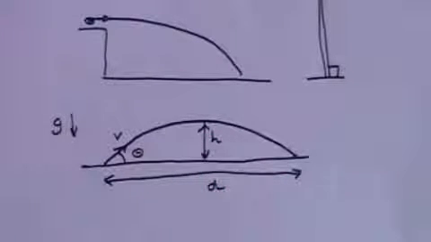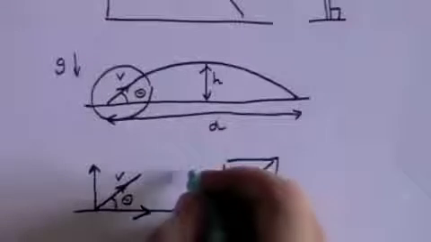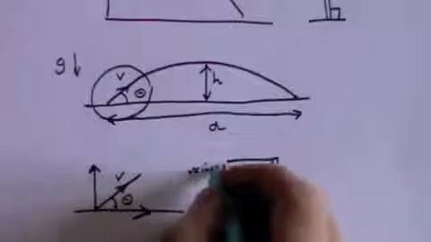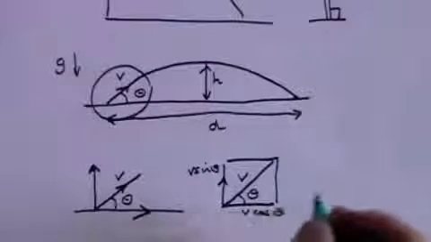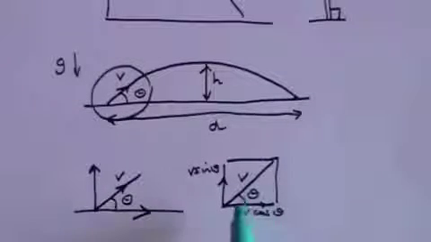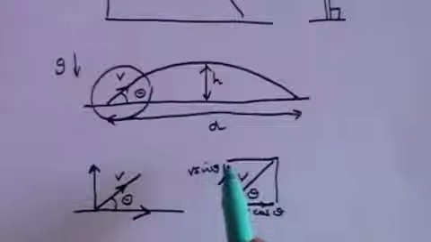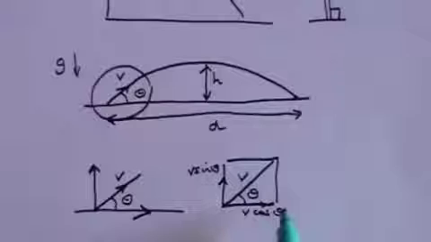Now, this is theta, this is v sine theta, and this is v cosine theta. So the components of the velocity v are v sine theta in the vertical direction, and v cosine theta in the horizontal direction.